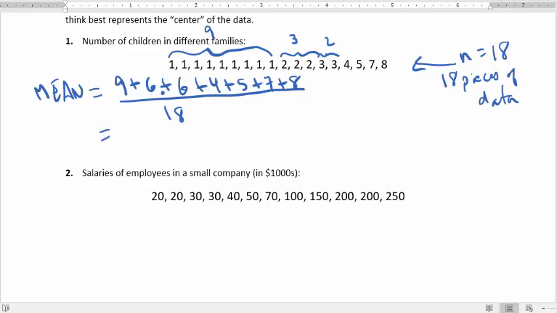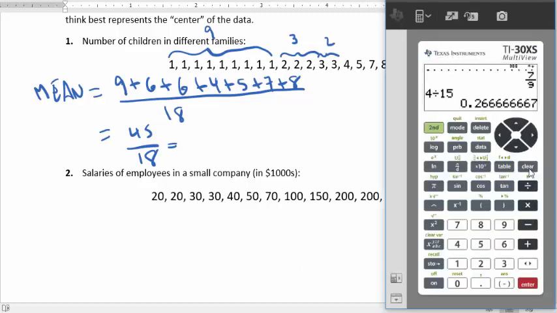So when I do this, this becomes 21, 25, 30, 37, 45 divided by 18. And again, you could do that on the calculator. When I divide 45 by 18, I'm going to get 2.5.